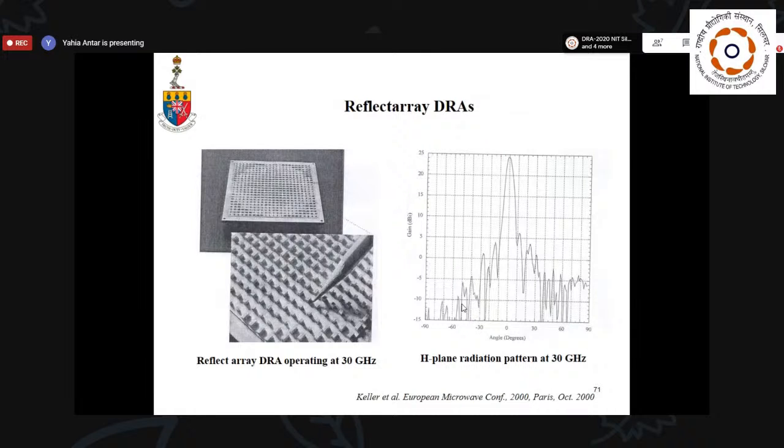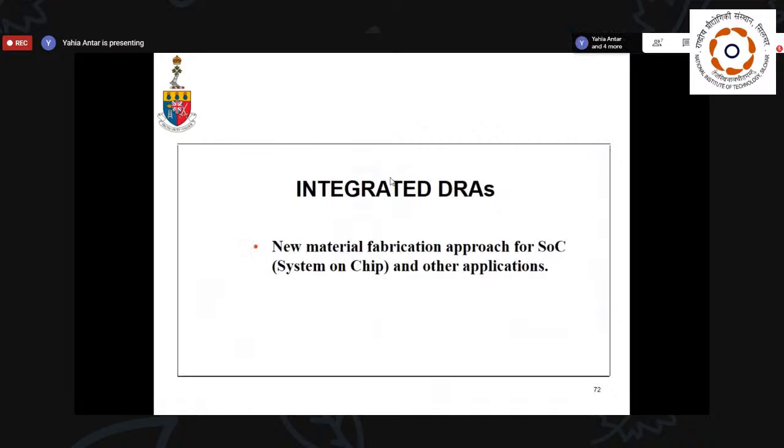Reflector array, done quite a bit of that, and this is work that was done quite some time ago, but still good. And you can see this was experimental and theoretical work that was done.